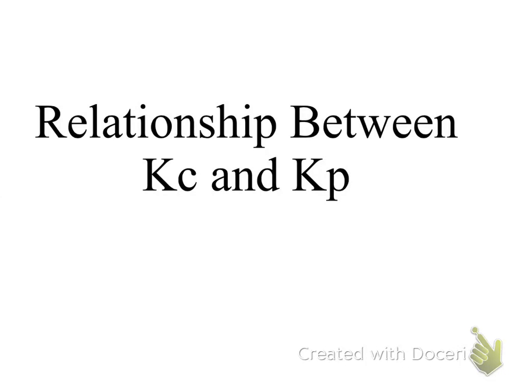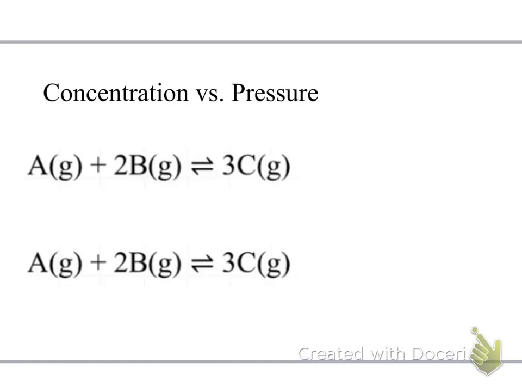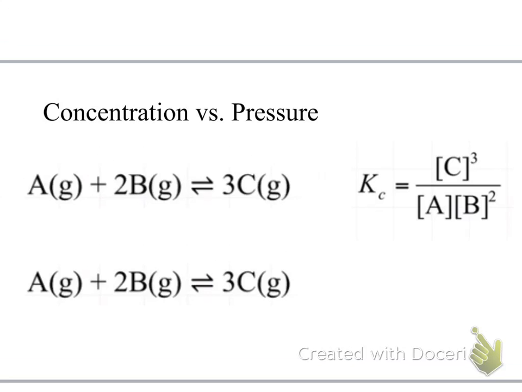Okay, so far we've been looking at Kc, but now we're going to take a look at the relationship between Kc and Kp. If I have an equation that has all gases in it, I can write either a Kc or a Kp. So here the Kc would be simply the concentration of C raised to its coefficient over the concentration of the reactants raised to their coefficients.